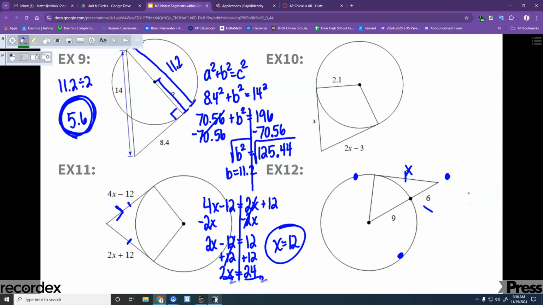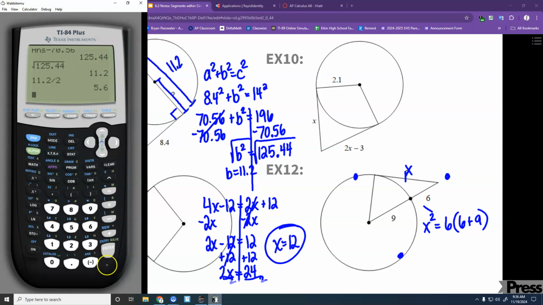So if we're setting this up, we'll have x squared equals outside, which is 6, times the whole thing, which is 6 plus 9. And so setup is pretty much the same, but solving is a little bit different because we do have an x squared here, right? But everything on the right-hand side can just be typed into the calculator. So we will have 6 times 6 plus 9 here.